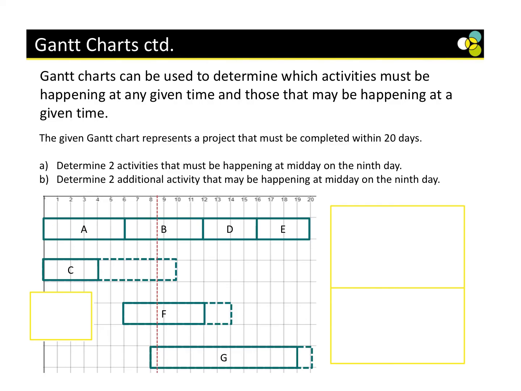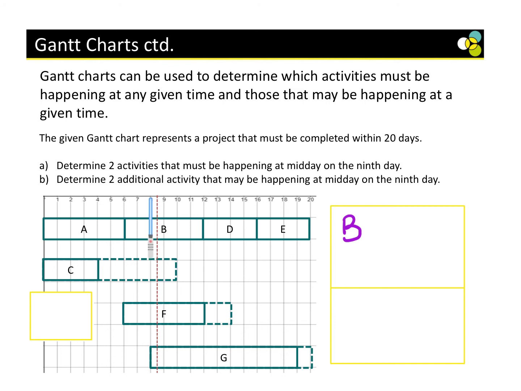It says here, determine 2 activities that must be happening at midday on the 9th day. 2 activities that definitely have to happen. B, 100%. It's always going to be part of your critical path. Midnight on the 9th day starts here because we finished day 8.